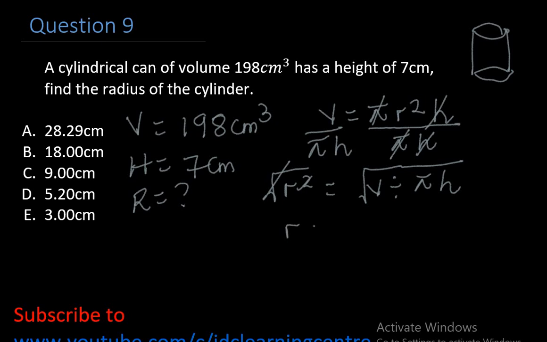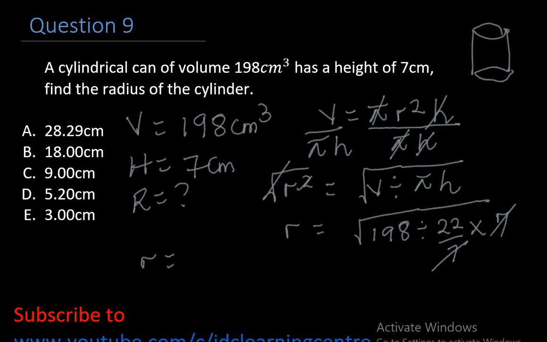So the radius will be the square root of the volume divided by pi h. In the question, the volume is 198 divided by pi, which is 22/7, times the height, which is 7. 7 cancels 7. So the radius will be the square root of 198 divided by 22 is 9, and the square root of 9 is 3. So my answer is 3 centimeters, which is E.